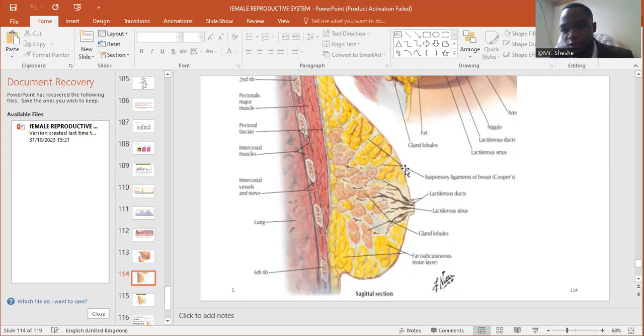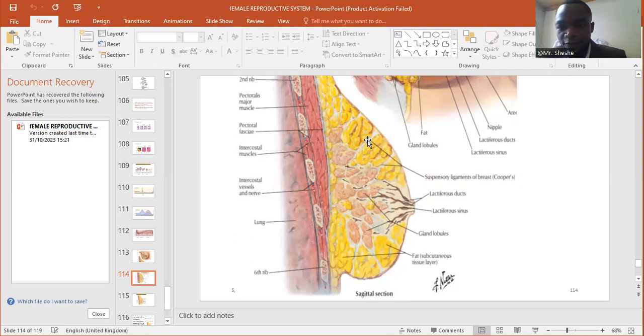Superficial fascia is always fat in nature. Deep fascia is dense connective tissue. We discussed this when we were talking about connective tissue, and even when we talked about muscles and tendons, I explained the differences between the two types of fascia that we expect in the body. So that is skin, and then this is fascia, the fat that we are seeing.